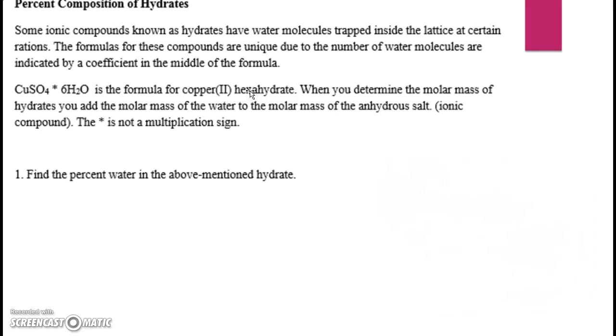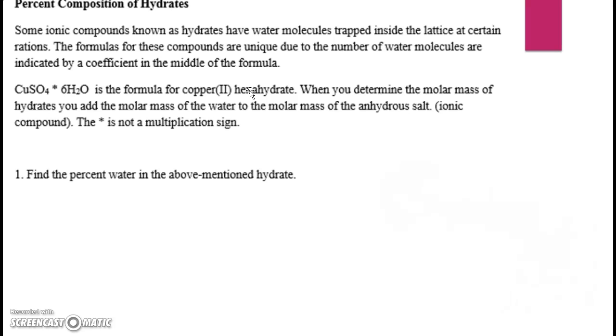Now, we need to find the percent water in the above mentioned hydrate. In order to do that, we first need to figure out the molar mass of the water that's involved. So we have 6 water molecules. That means we have 6 times 18, or each 18 grams per mole. We're going to divide by our total molar mass here, which is 267.61 grams per mole.